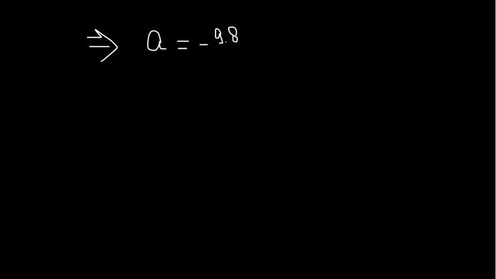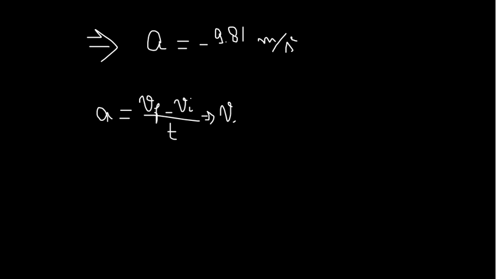So now I have a equals v final minus v initial over time, which gives me, if I arrange the formula, v final minus v initial equals a times t. Now I have everything. V final is 0.